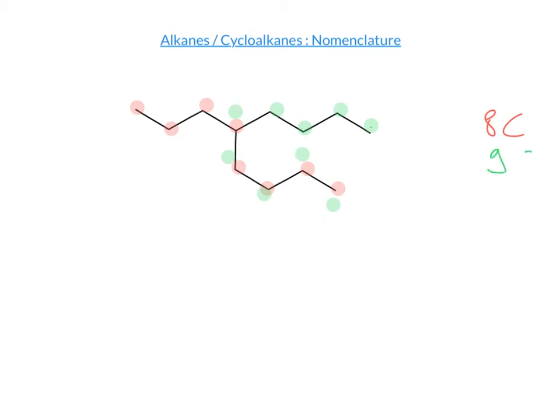So in this compound, we see that the parent chain is the one in green, and that one will be a substituent. How do we name this compound now? Since it has 9 carbons, the name will be non, and again it's an alkane, so the suffix will be ane, so this one will also be a nonane.